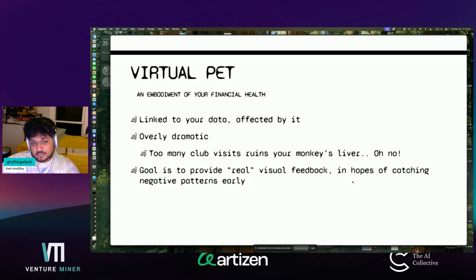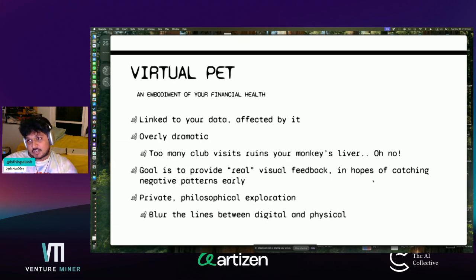So the goal is to provide real visual feedback in hopes of catching negative patterns early. There's also a philosophical exploration here where I want to blur the lines between digital and physical. One of the end goals, let's say a decade of using this, would be you don't know if you are the monkey or the monkey is you. I want to blur that line, but that's a much later thing.